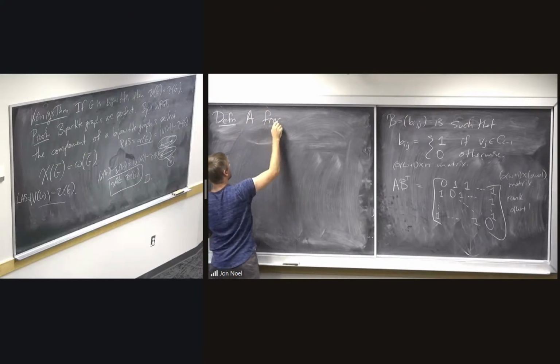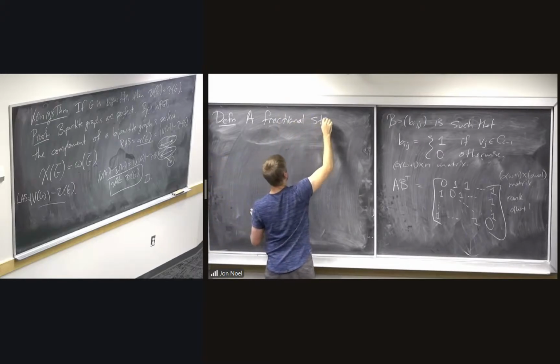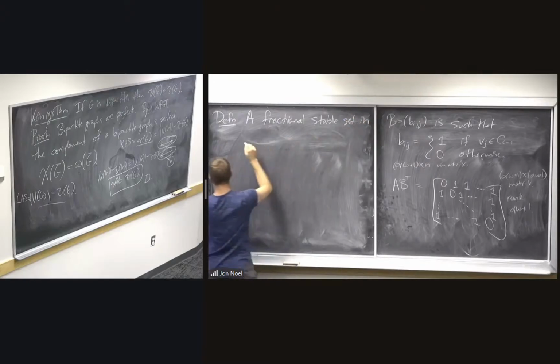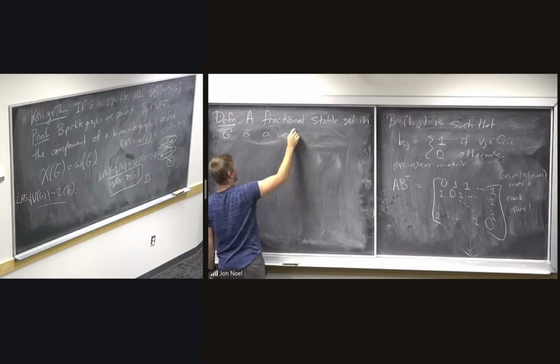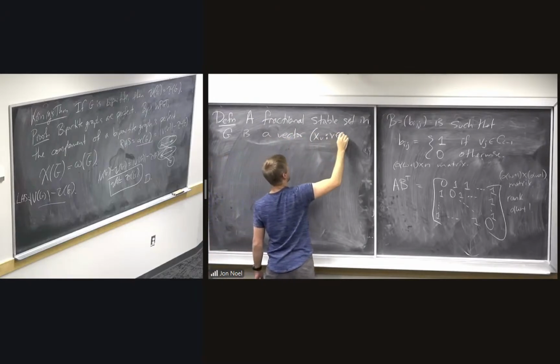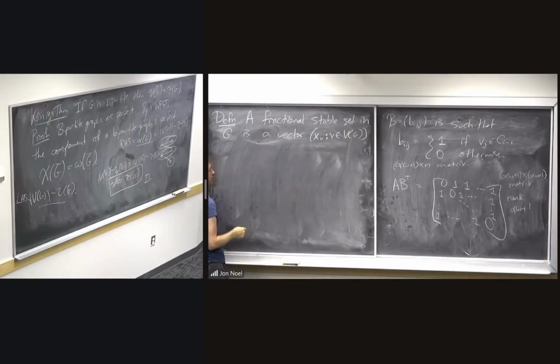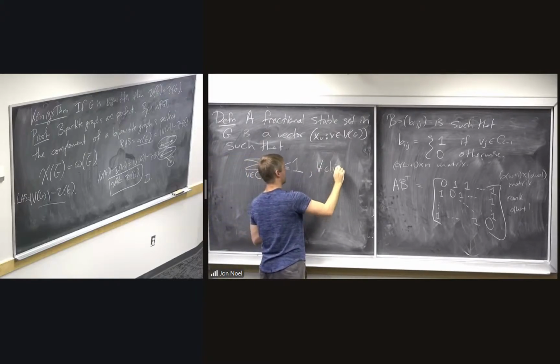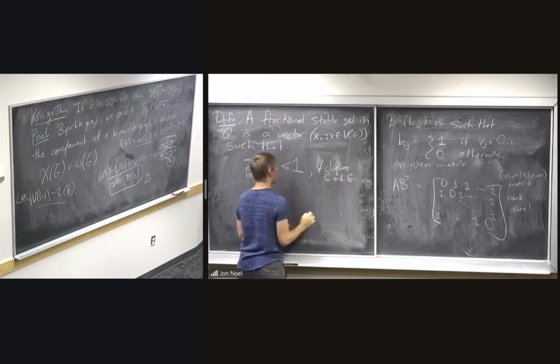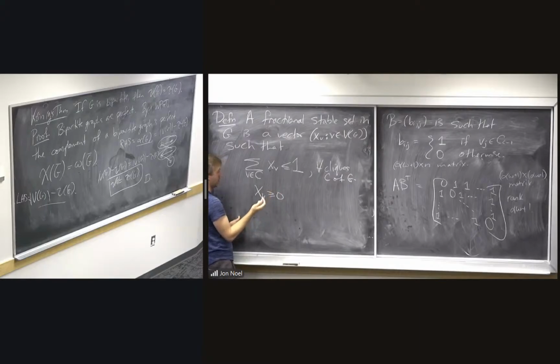A fractional stable set in a graph G is a vector x_v indexed by the vertices of G, such that for every clique C of G, the sum of the variables corresponding to vertices in the clique must be at most 1, and all the variables must be non-negative.